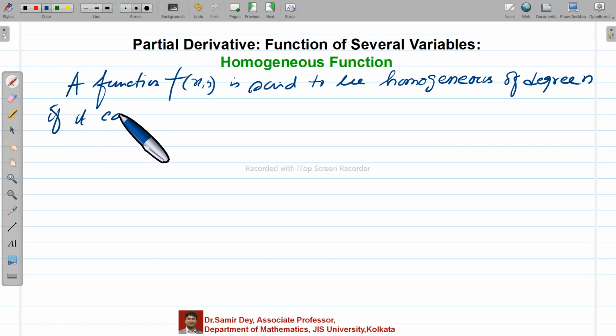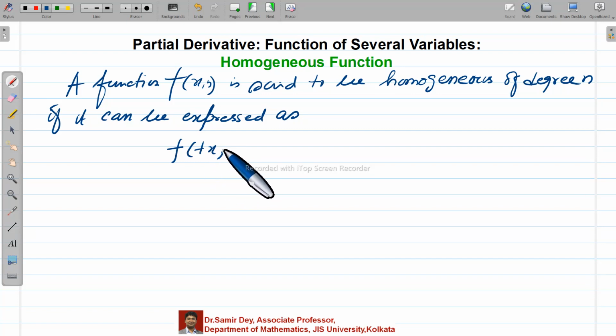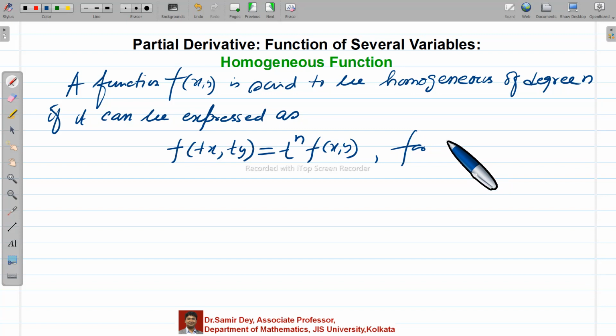it can be expressed as f(tx, ty) equals t to the power n f(x,y), for every positive value of t.